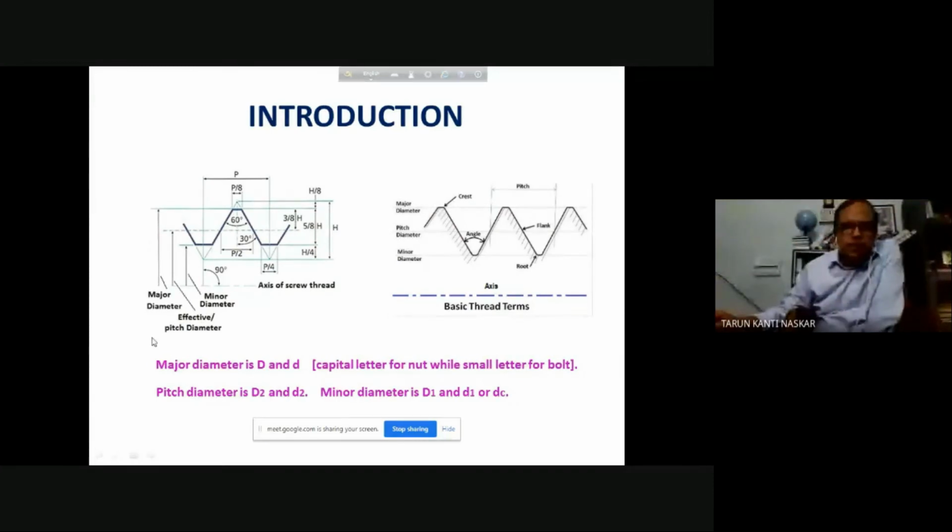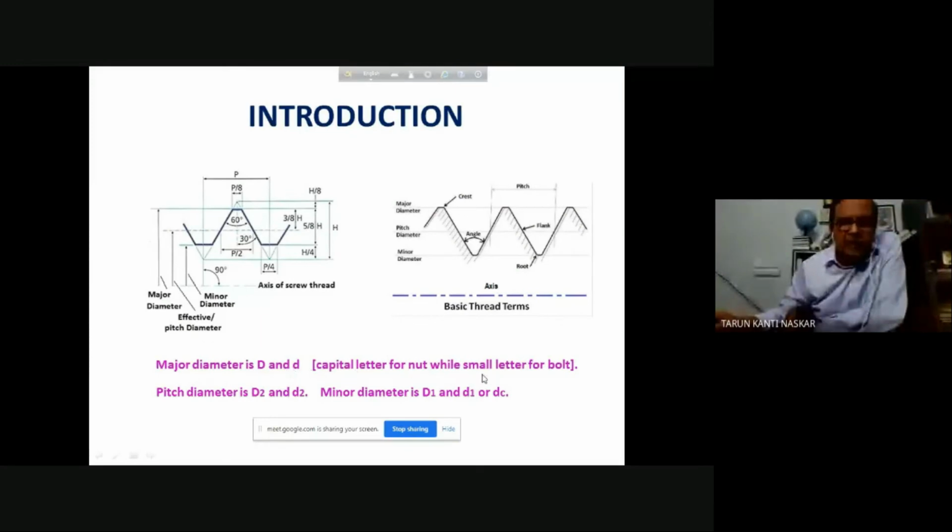I think you have already done the thread forms in your drawing class. So major diameter, effective diameter, minor diameter, all these things are there, and this is pitch by 2. All these things you have drawn in your class, and there are some dimensions: this is p by 8, this is p by 4. Now the designation: major diameter is capital D and small d.